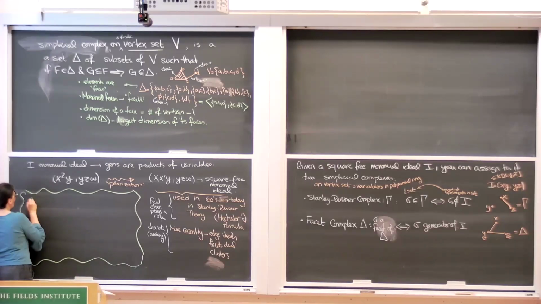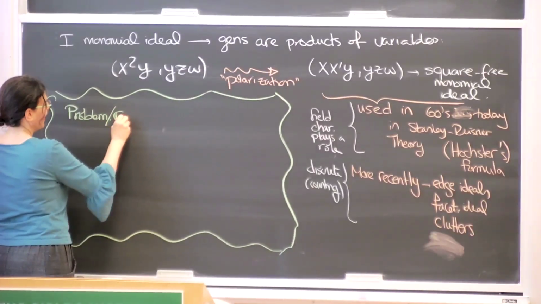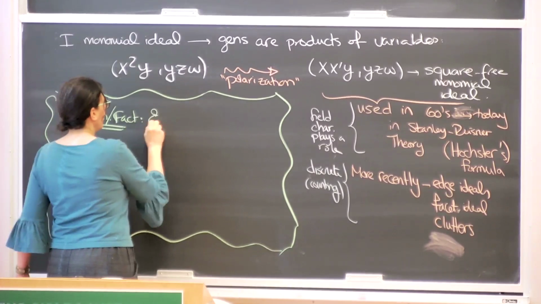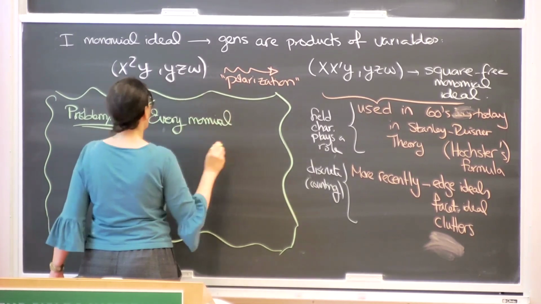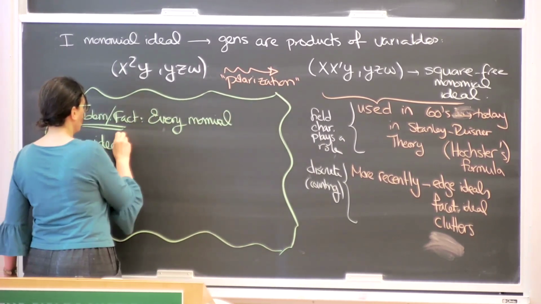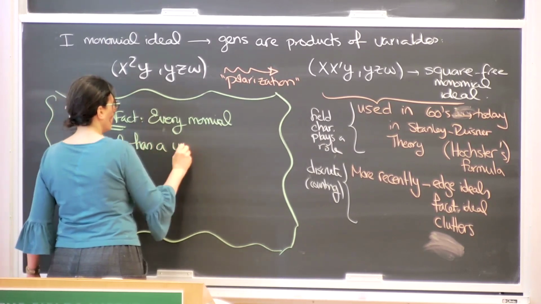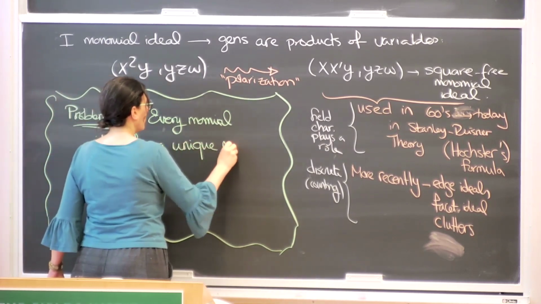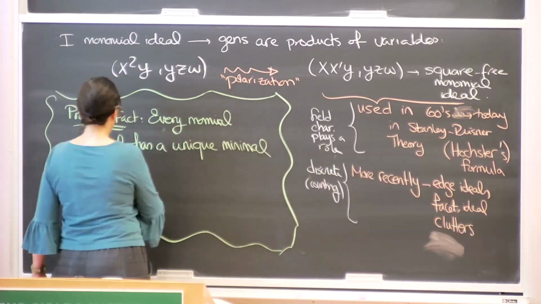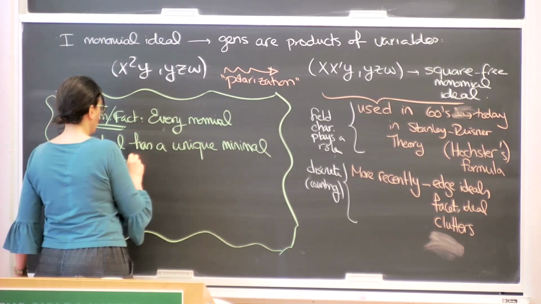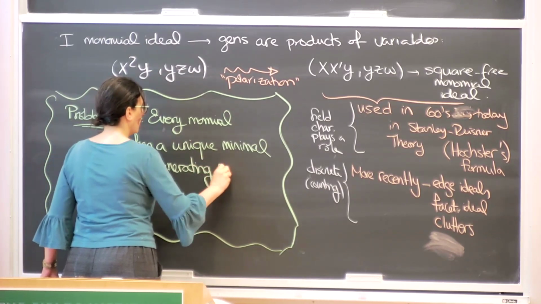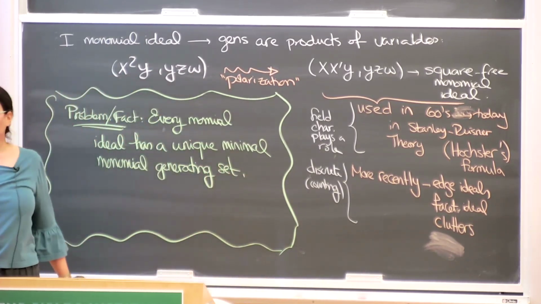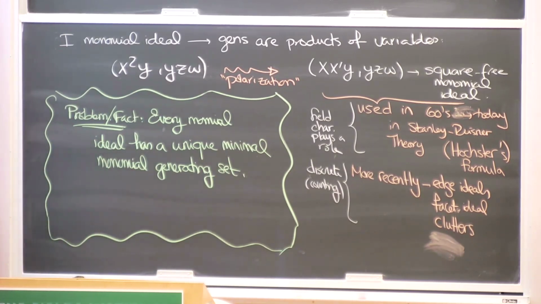Here is a fact: every monomial ideal has a unique monomial generating set, which means that these complexes are uniquely defined.